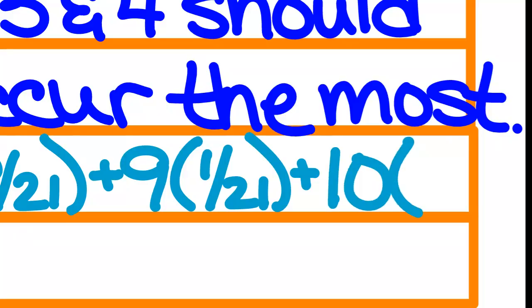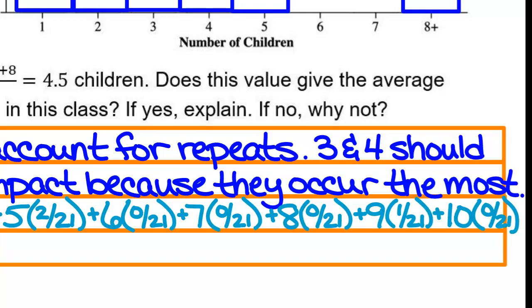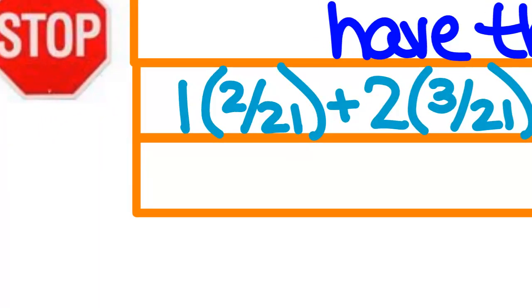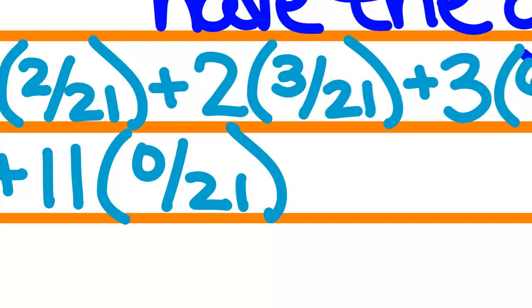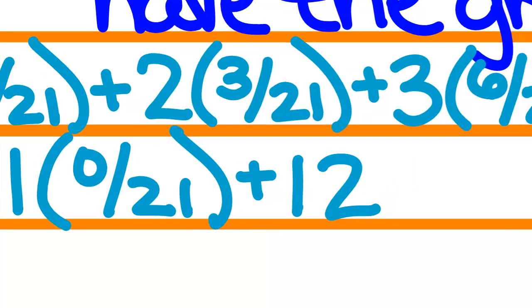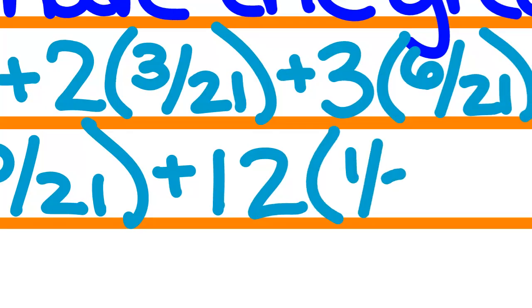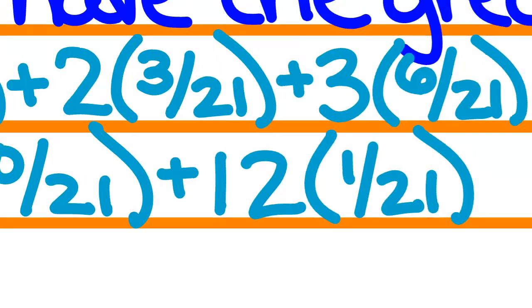Plus 10 times 0 out of 21. I ran out of room on my single line, so now I'm going to have to drop down. Plus 11 times 0 out of 21. And then plus 12 times 1 out of 21.